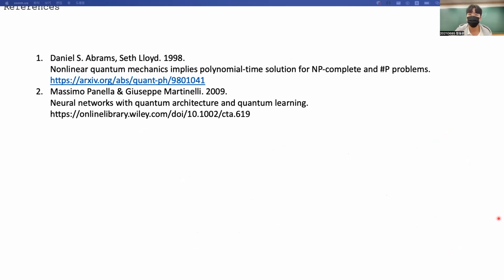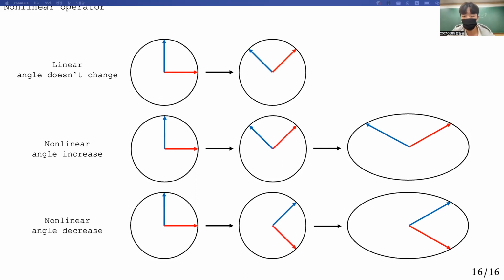Okay, any questions? It's very physical. I know that there is a nonlinear quantum mechanics model. I mentioned it in this slide.